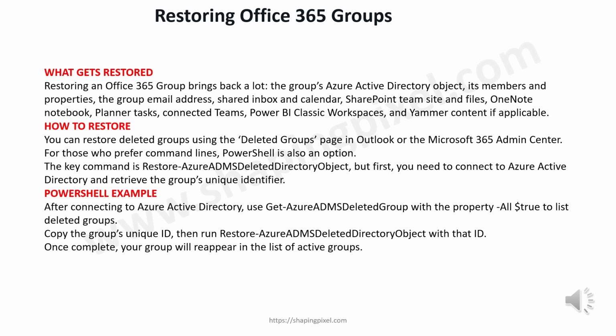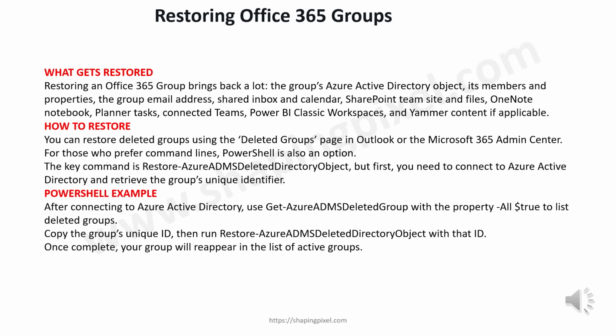Restoring an Office 365 group brings back a lot: the group's Azure Active Directory object, its members and properties, the group email address, shared inbox and calendar, SharePoint team site and files, OneNote notebook, Planner tasks, connected teams, Power BI Classic workspaces, and Yammer content if applicable.